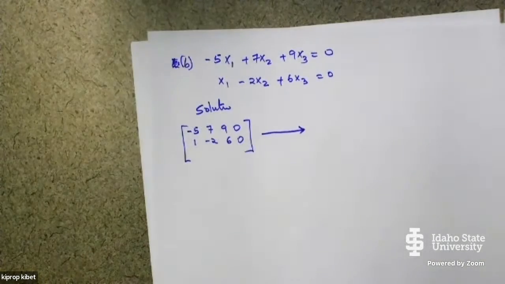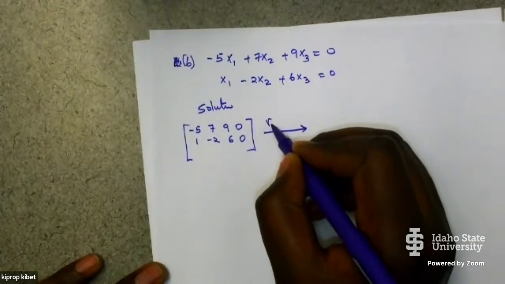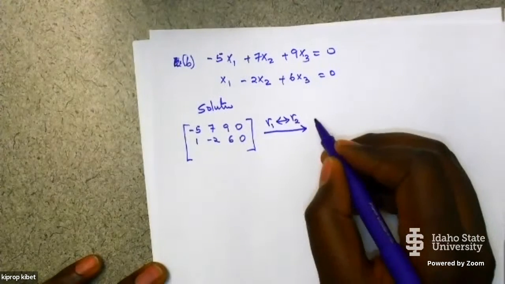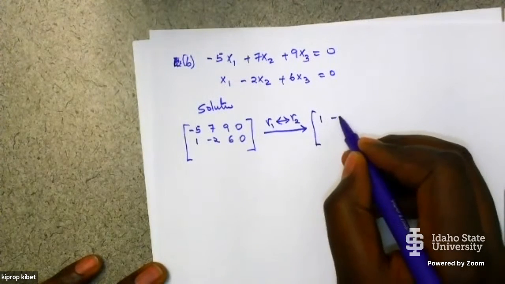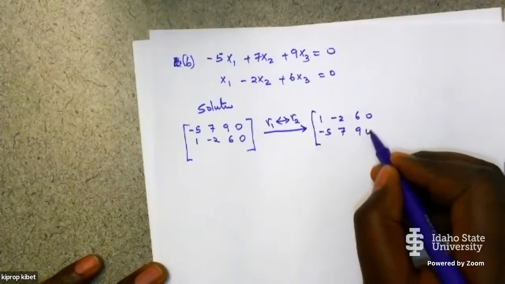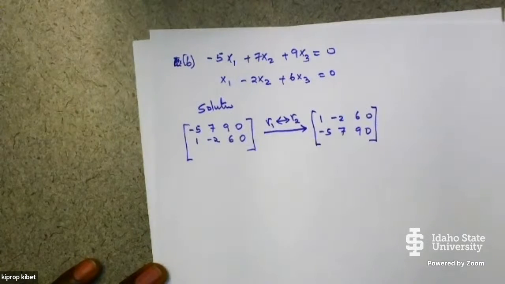So what is the first step here? We can switch R1 and R2. When we switch, we get 1, -2, 6, 0, and -5, 7, 9, 0.